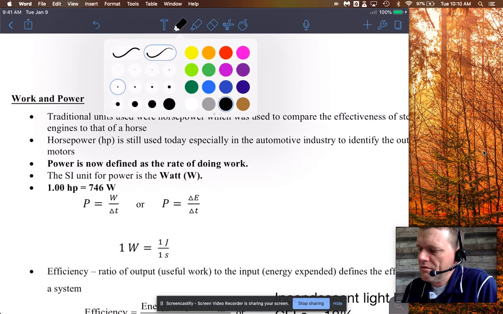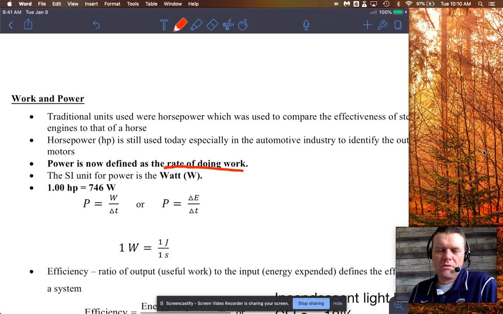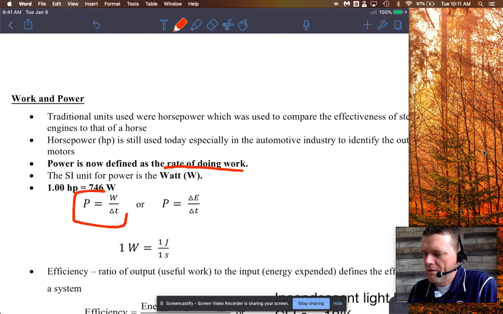So the issue that we're just going to add to everything we've been doing is time. Okay. So it's really power, P, is equal to how much work you do or how much energy you convert per second. Okay. And the units are named after James Watt.